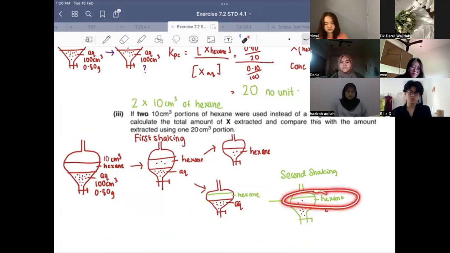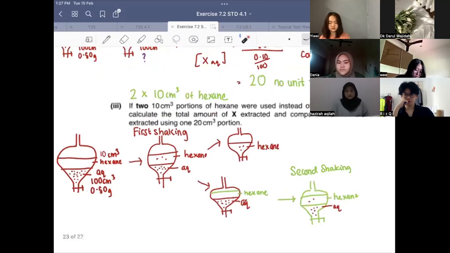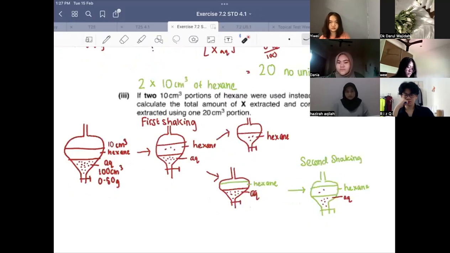So it's not directly mentioned here, but the fact that it says 2 10 centimeter cube portions means you have to do the shaking or extraction in 2 steps, 2 times. Okay, so let's just go through that quickly. I will explain while you can start copying down the diagram.